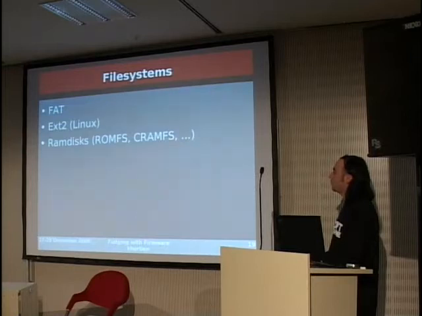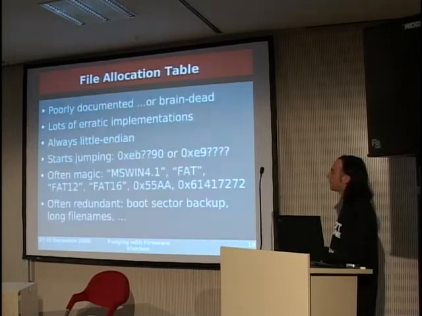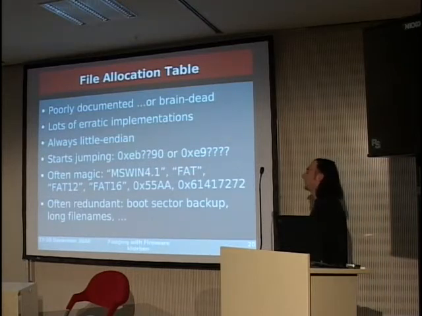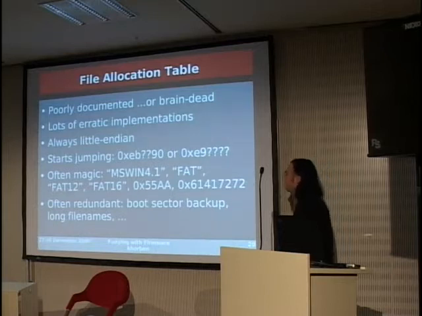And as such, we can analyze FAT images just like archive formats, just like with ext2 and any different file system format available. FAT first. It's very poorly documented, unfortunately, because it was developed by one company, bought by Microsoft, not documented for a while, implemented by lots of different vendors.